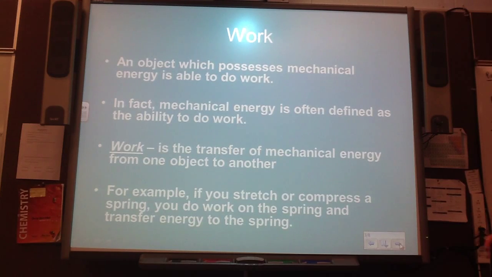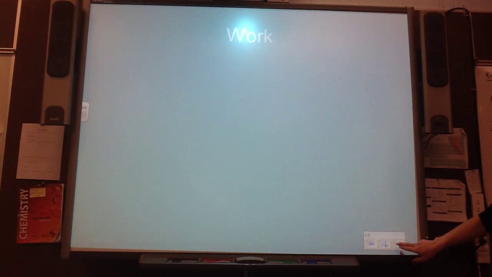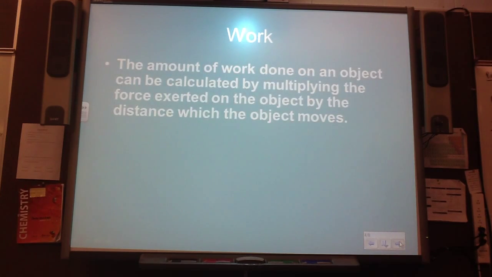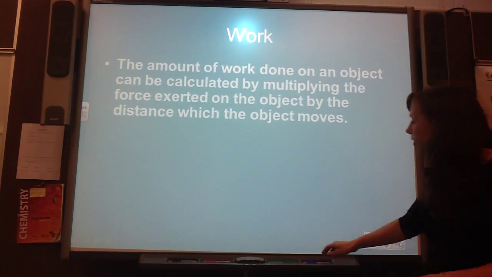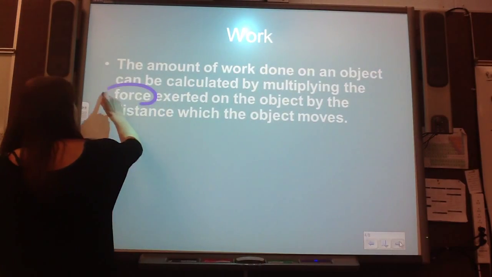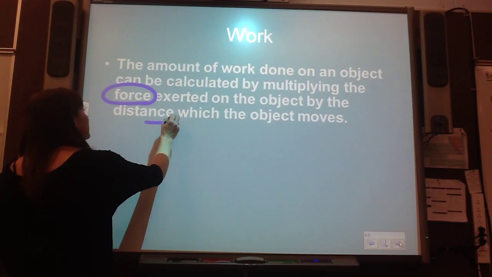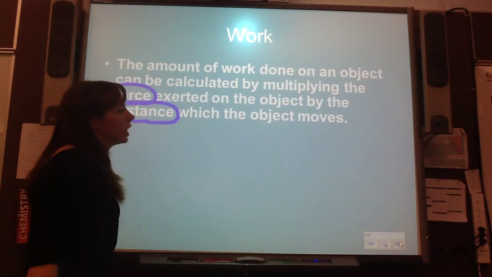The amount of work done on an object can be calculated by multiplying the force exerted on the object by the distance which the object moves.